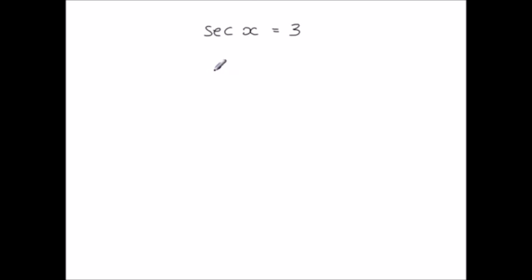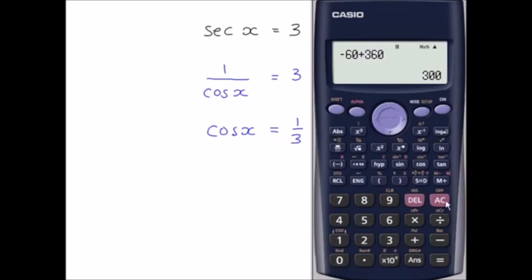Secant x is the same as 1 over cos x. That's still 3 here. If you work out the reciprocal of each side of this equation, you end up with cosine of x is equal to a third. And now you're able to go to your calculator and just do what you normally do.